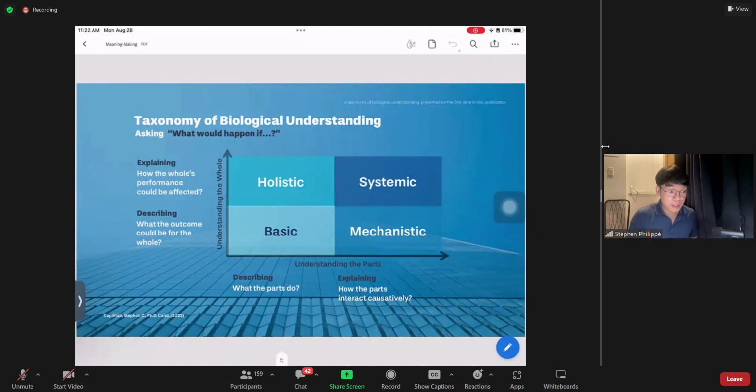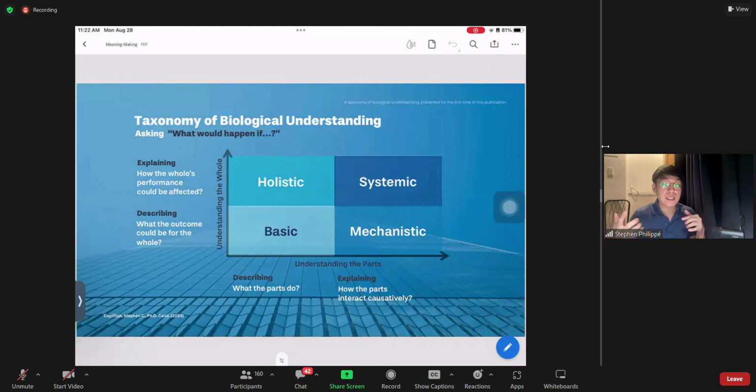So what would happen if? This is the entire question. So explaining how the performance of the whole could be affected, and then on the systemic part, how the parts interact causatively. It is not just that we understand the whole, but we could also understand the parts.